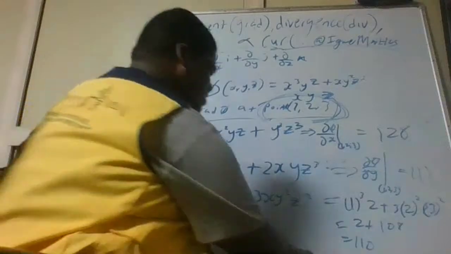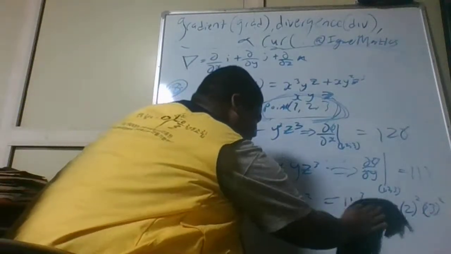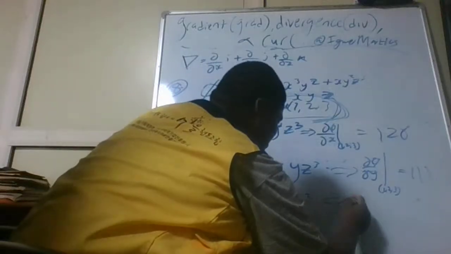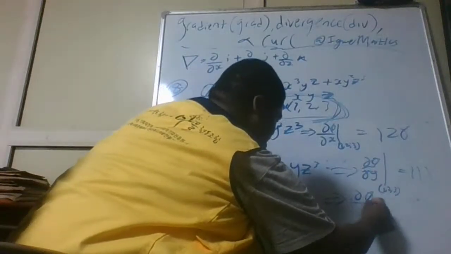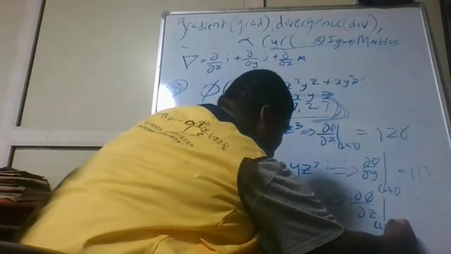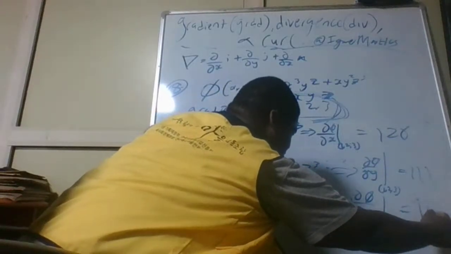Okay, so we can simplify all this and just say this implies that the partial derivative of phi with respect to z at the point 1, 2, 3 is equal to 110.